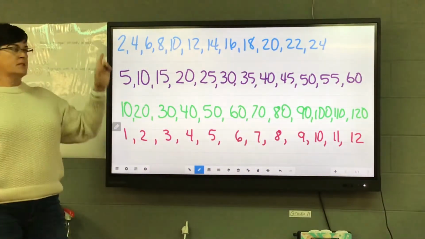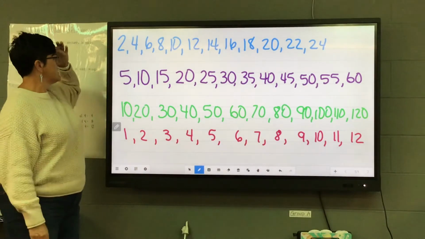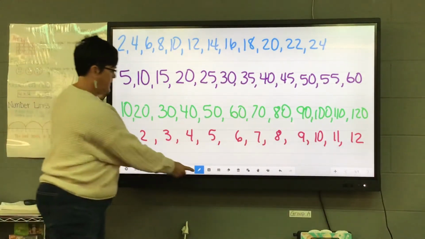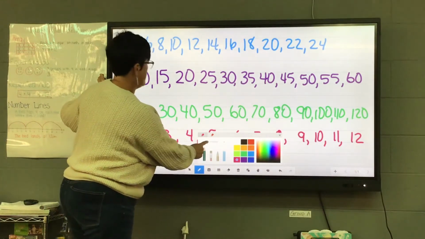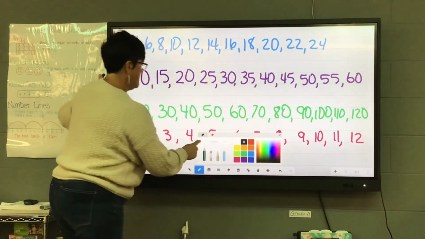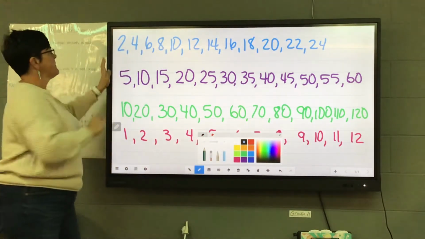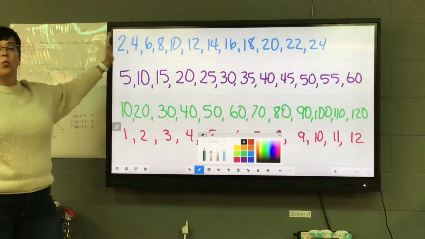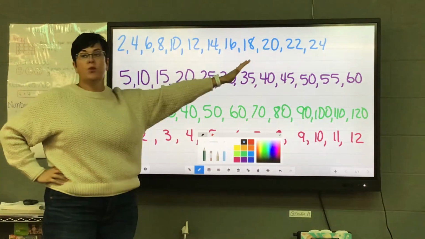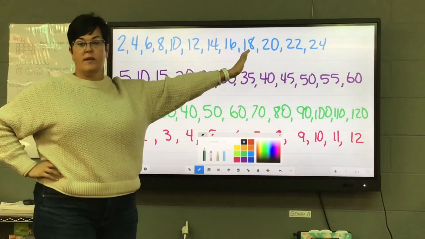Okay, let's look back at this. Let me put a narrower pen up here. If we skip count by twos 12 times, your last number should have been 24.